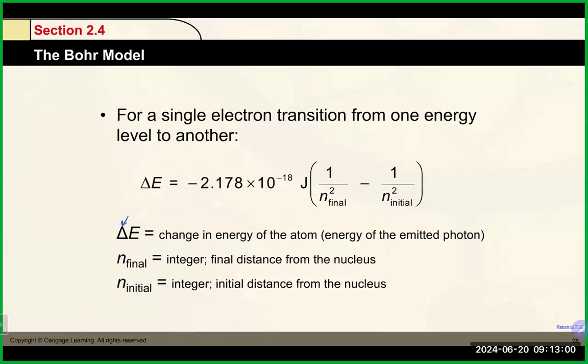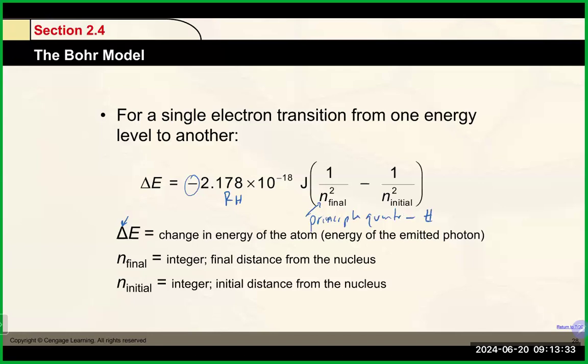The change in energy is equal to, this is sometimes referred to as the Rydberg constant, R_H, 2.18 times 10 to the minus 18 joules, times 1 over the final energy level squared minus 1 over the initial energy level squared. That is the principal quantum number. And this is negative here, right?